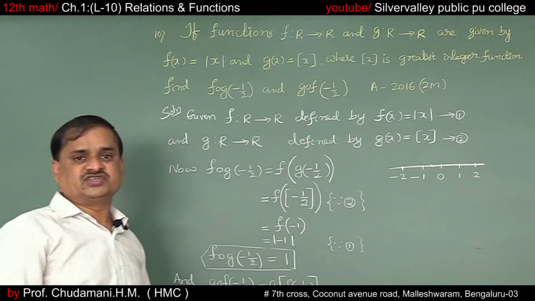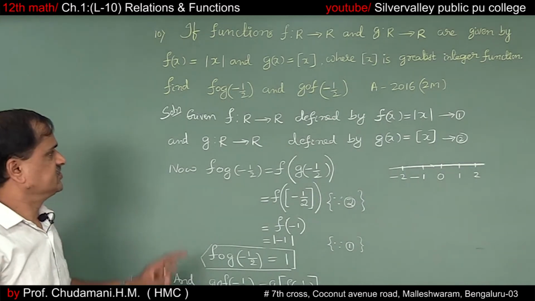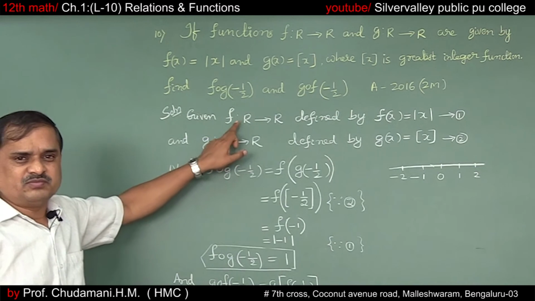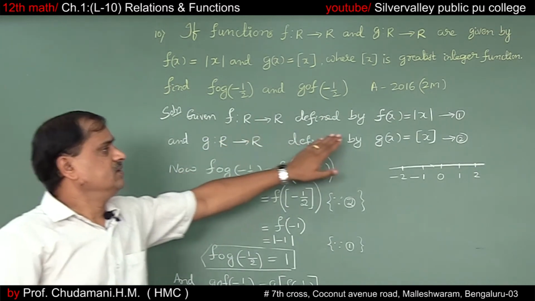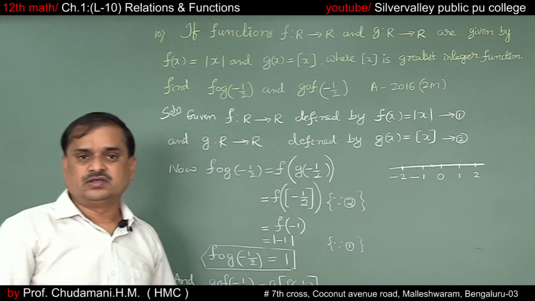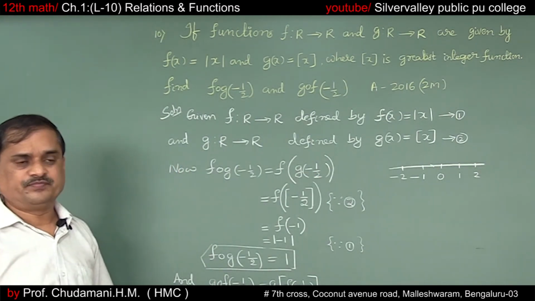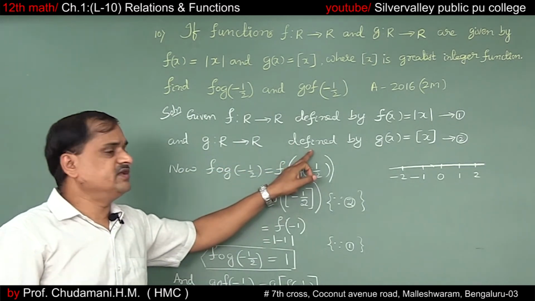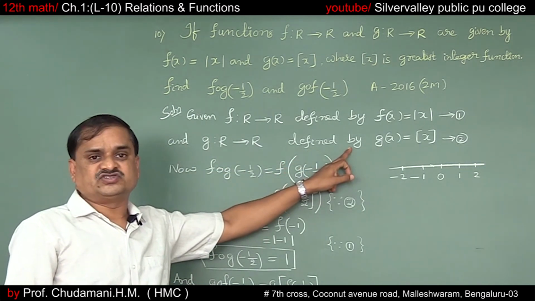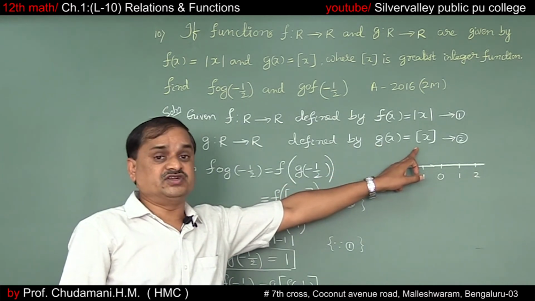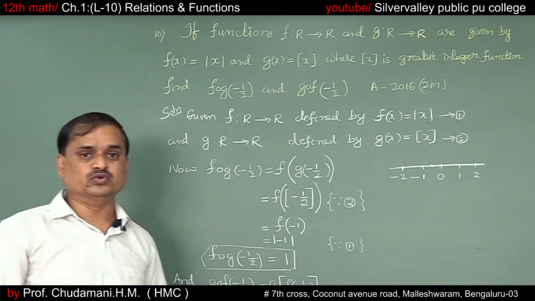Annual 2016, in the 2 mark section it is there. Solution. Given f from real numbers to real numbers defined by f of x is equal to mod x, say equation 1. And g from R to R defined by g of x is equal to the greatest integer function of x, say equation 2.